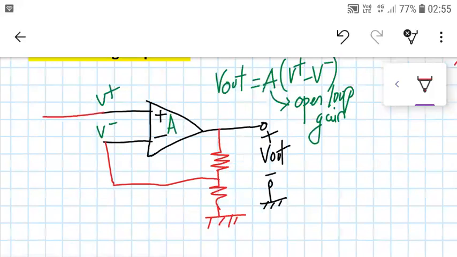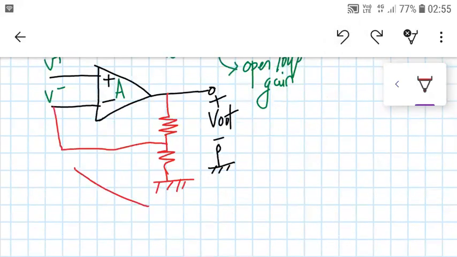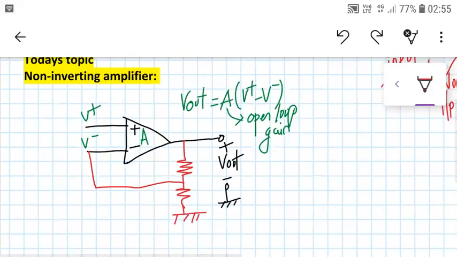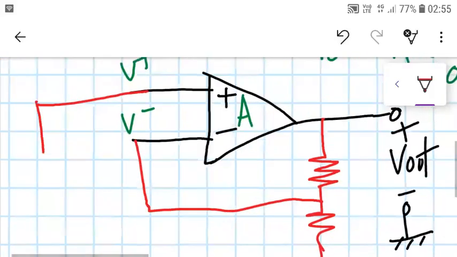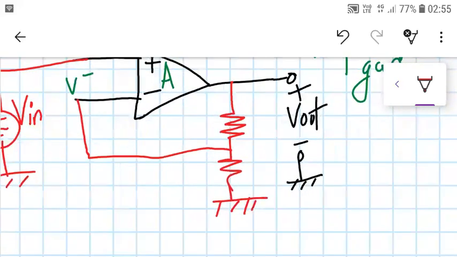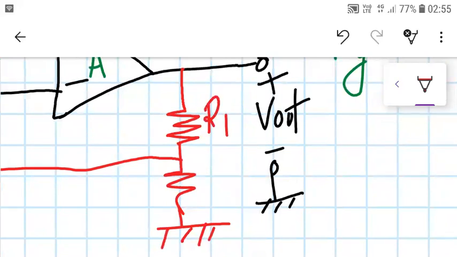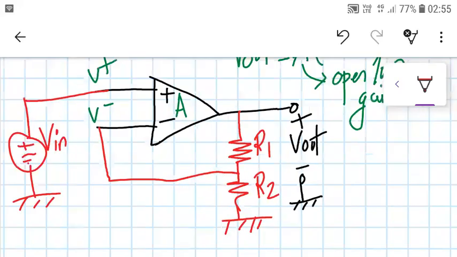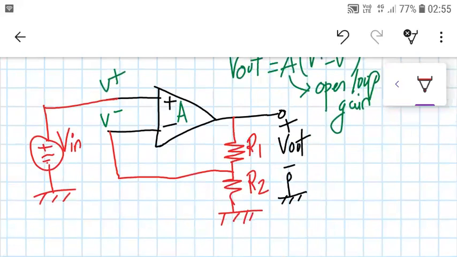For the non-inverting input terminal, we connect the power supply, AC or DC. By the way, the op-amp works with both AC and DC voltages equally well, in linear mode of operation, of course. This is my V in. Let me name these resistors R1 and R2. So this is my circuit for the non-inverting amplifier using op-amp.